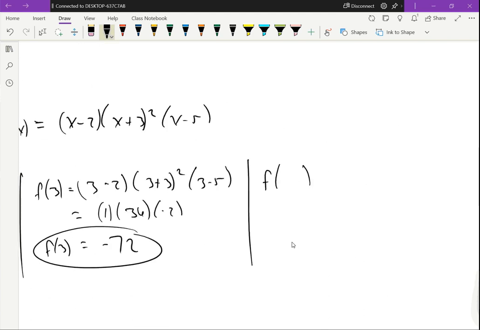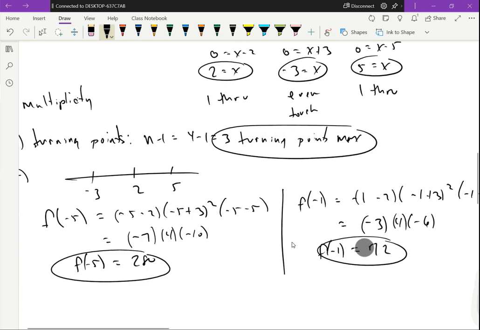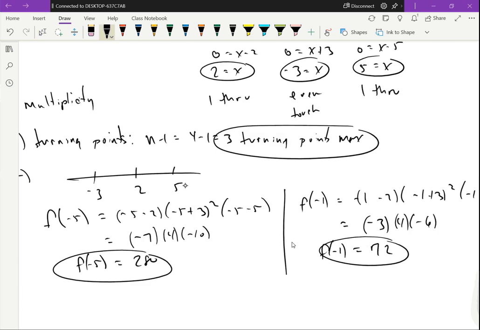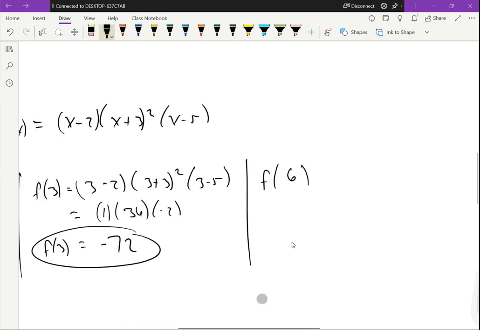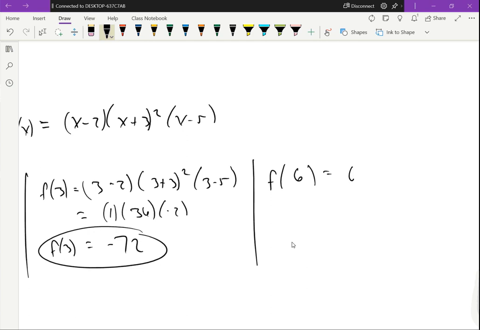Then the last thing we need to choose is a number out here beyond 5. How about we choose 6? These numbers are getting fairly large, so let's not go too far out, or we're going to get a massive number. So we've got 6 minus 2, multiplied by 6 plus 3 squared, multiplied by 6 minus 5. That last term is going to be nice, that's just 1.